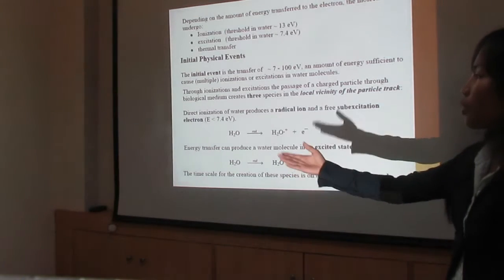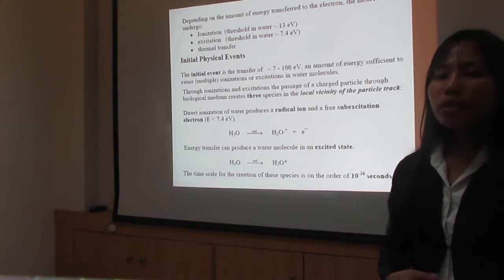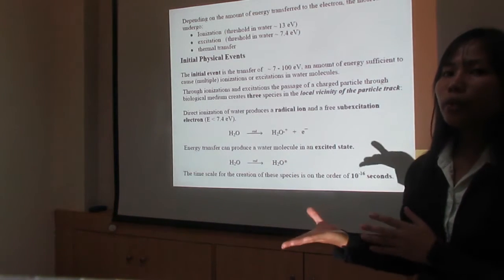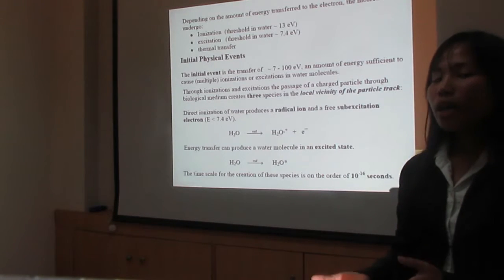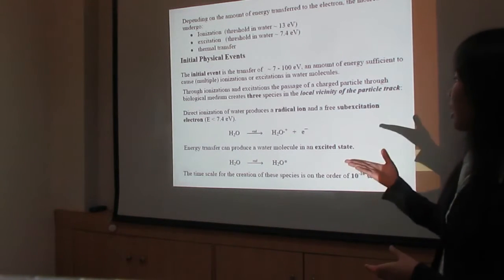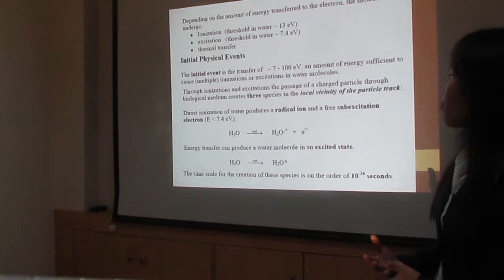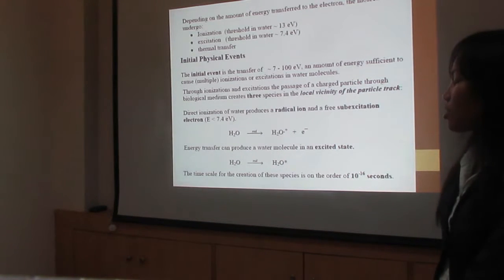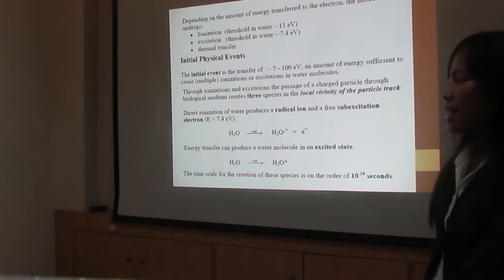So when ionizing radiation interacts with water, the initial products yield the radical ion and the free sub-excitation electron. Energy transfer can also produce a water molecule in an excited state.